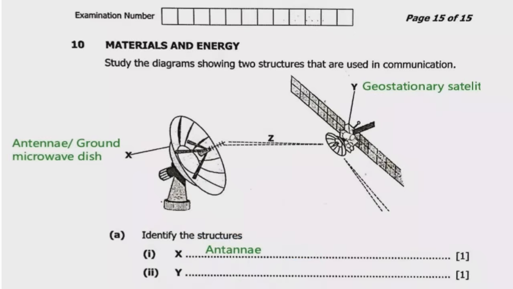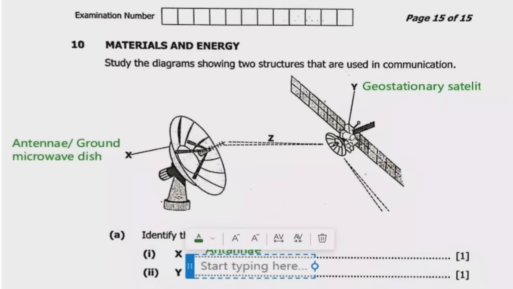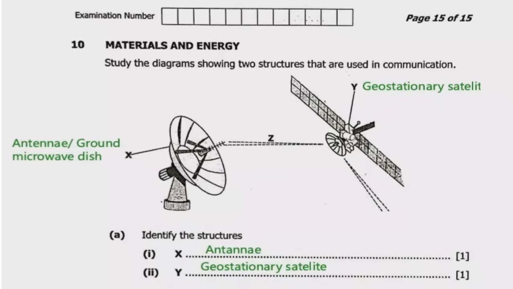Then when you come to y, which is the geostationary satellite, geostationary satellite is correct. So that is 10.